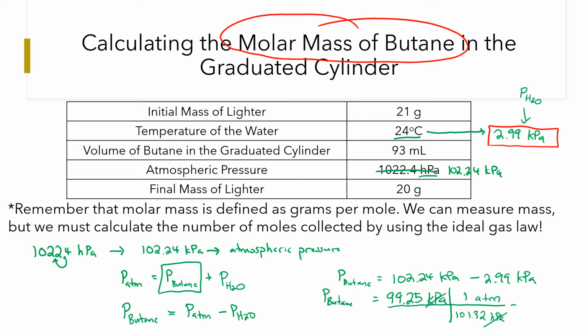Kilopascal cancels out, and then I divide my value. Keeping my 4 sig figs, I get 0.9796 atmospheres. So that is the pressure of butane. Okay, so I'm going to use that value to plug into my ideal gas law.